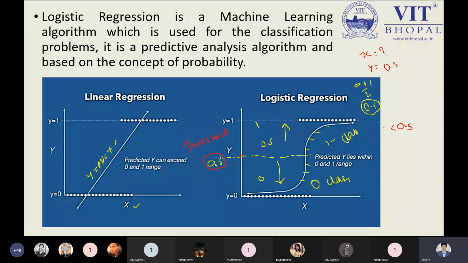If the value is greater than the threshold value, we can put it into 1, over here; else we can put it over here. So definitely we know the 0.3 value is less than 0.5. So what value do we choose for the prediction? 0. So we can assume that you are not going to the market.